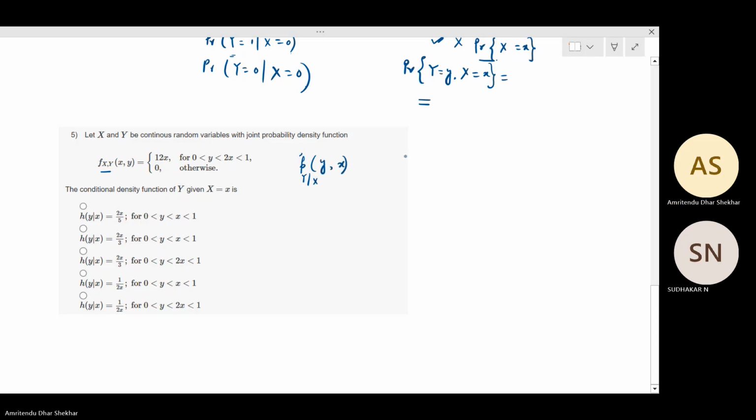The conditional density function of y given x is defined as the joint density function f_xy divided by the density of the marginal distribution of x.